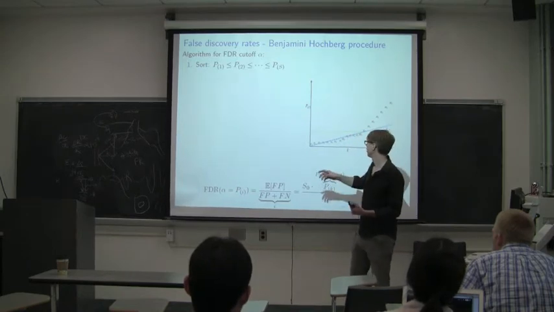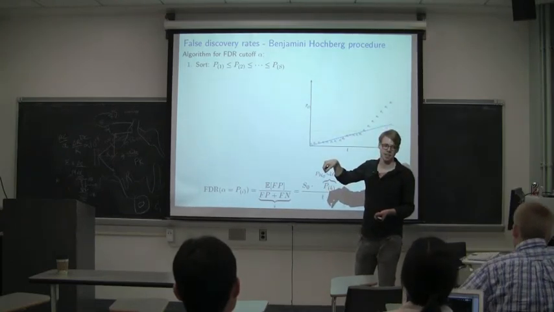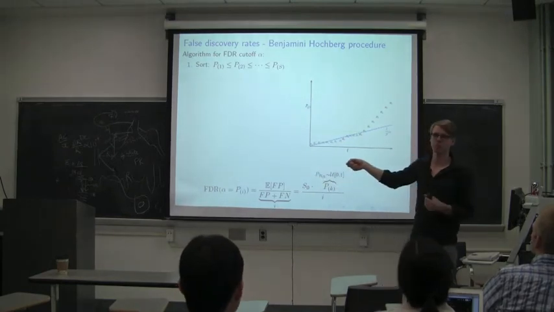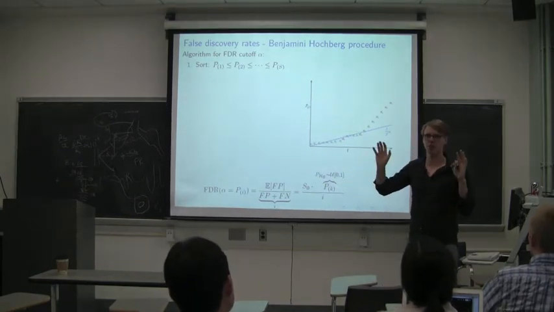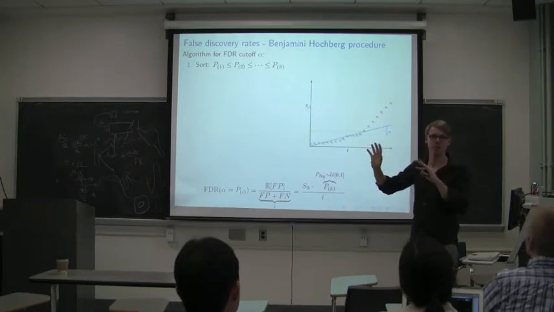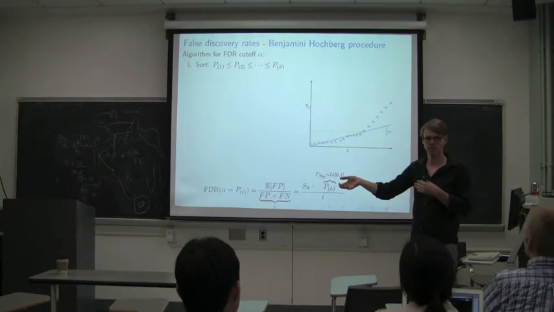If you are currently at a p-value of 0.1, and we have 10,000 null hypotheses in total, then the number of null hypotheses that are expected to have a p-value smaller than 0.1 is a tenth of 10,000, right?